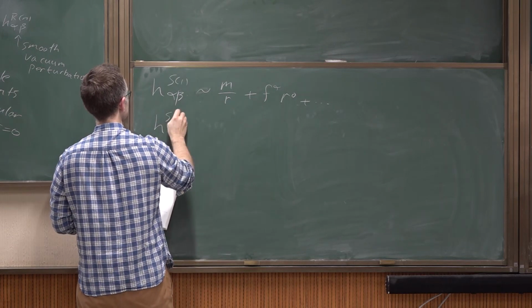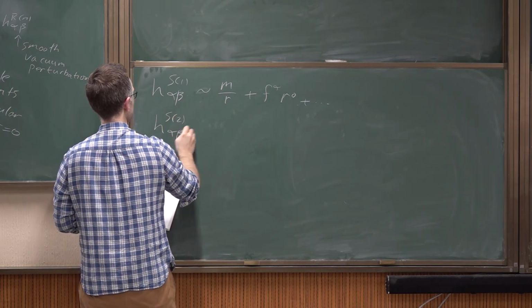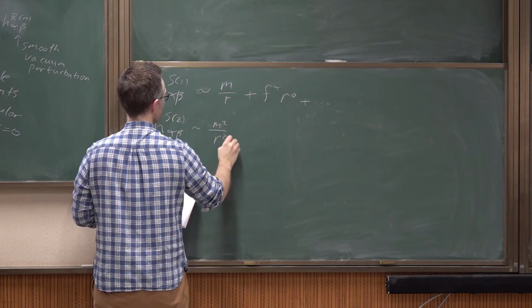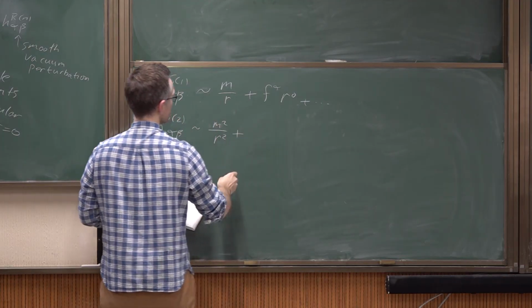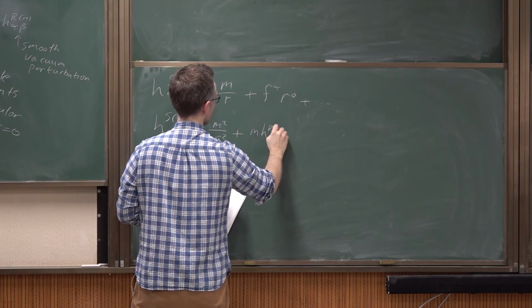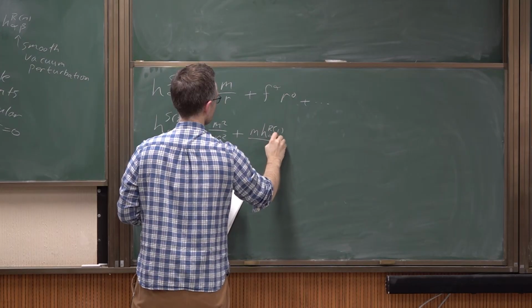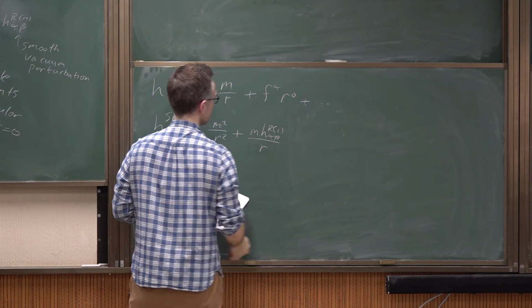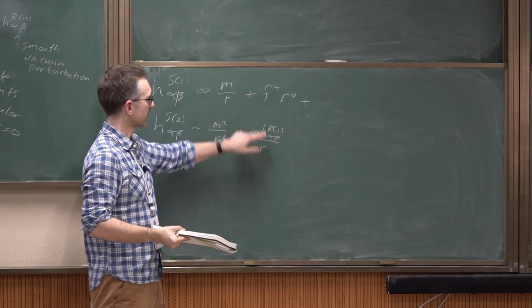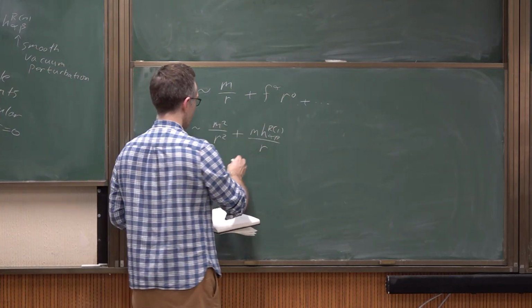Then HS2 has things like m squared over r squared, plus things like m times HR1 over r, and also things like m times the acceleration over r.